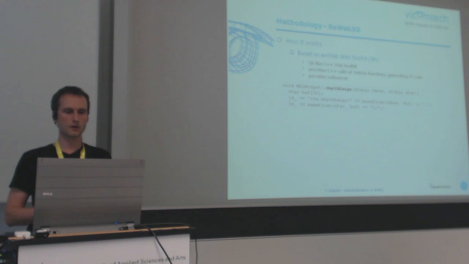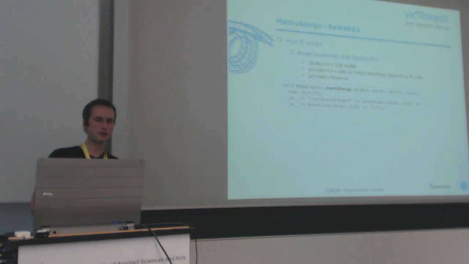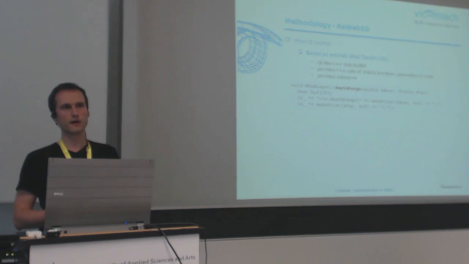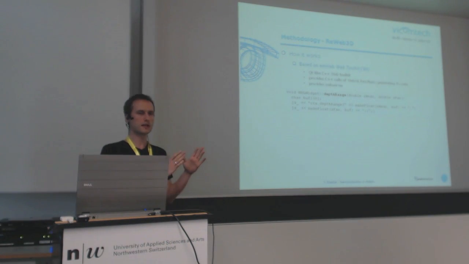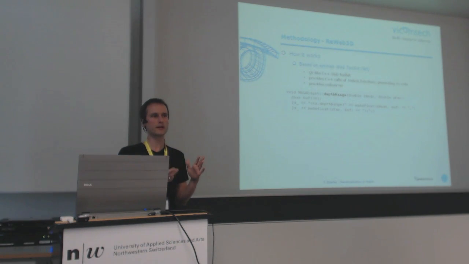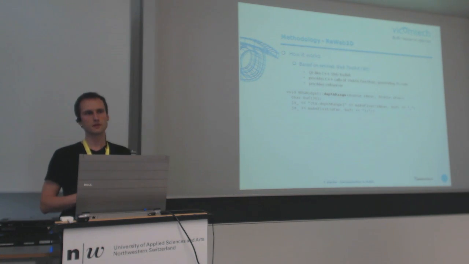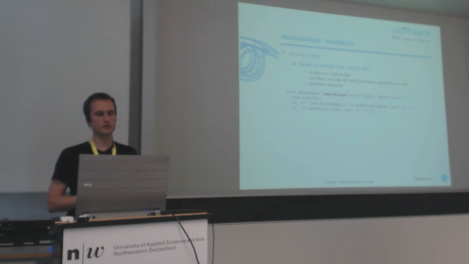So how does it work? This is based on the Wt toolkit, from a Belgian company. They provide a software library that is similar to Java Server Pages or PHP, where on the server side you create the web page on the fly, but they do it with C++, and it's oriented on the Qt library for the desktop.